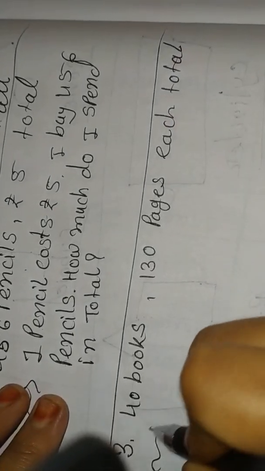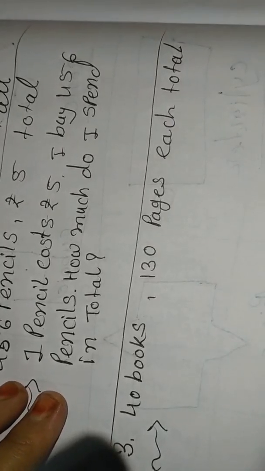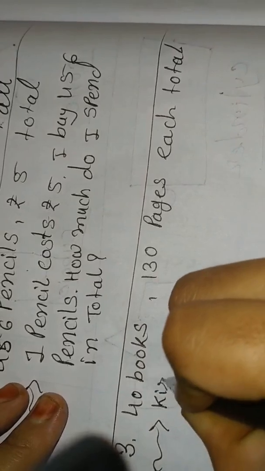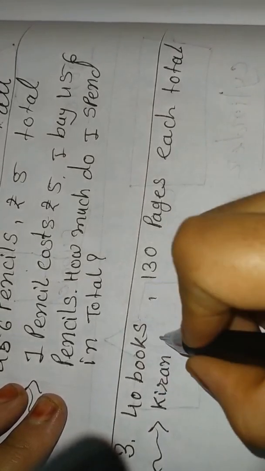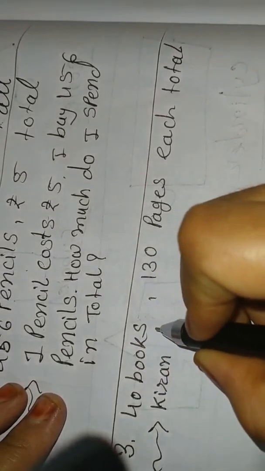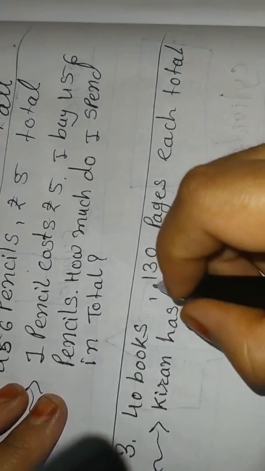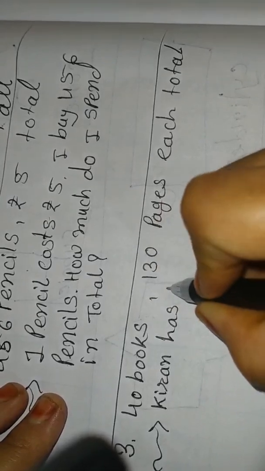So we have to write the answer here: Kiran has 14 books.